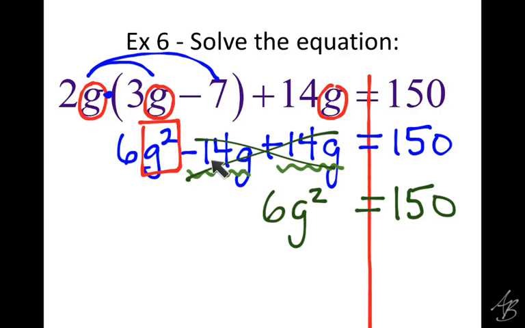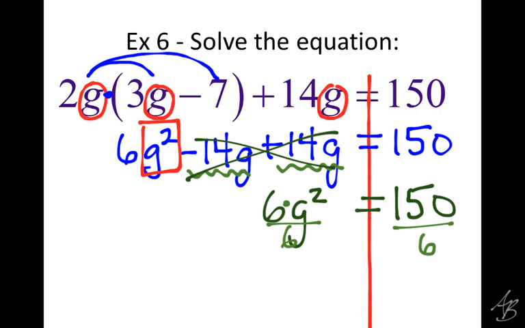So I got rid of the negative 14g and the positive 14g. That was kind of nice. They just cancel each other out. But I also need to get rid of this 6. So how am I going to get rid of that 6? Yeah, that's times 6 right there. So we're going to get rid of that by dividing by 6.